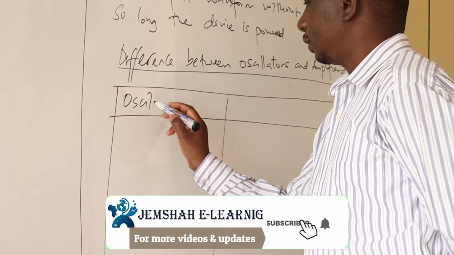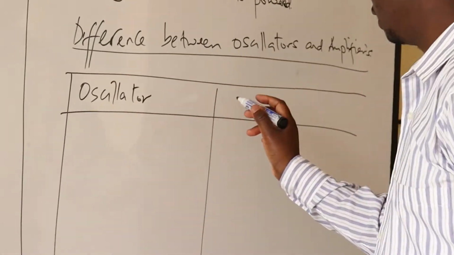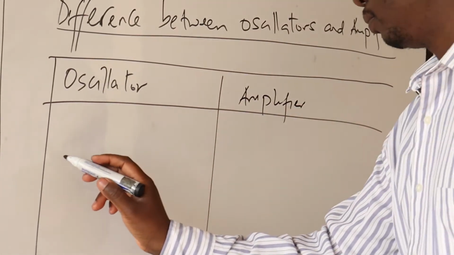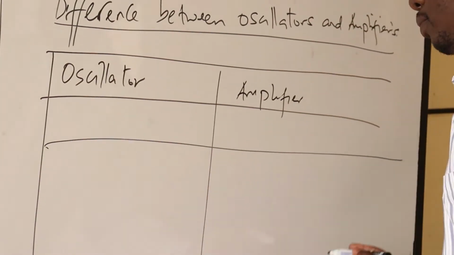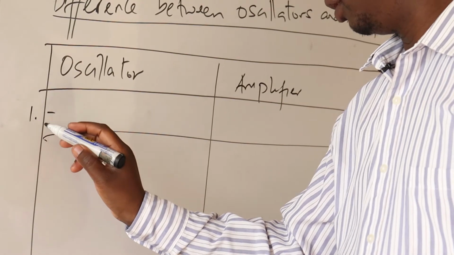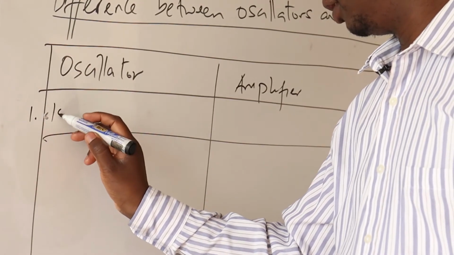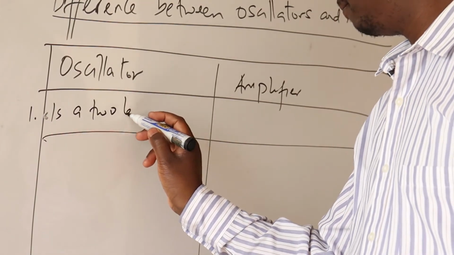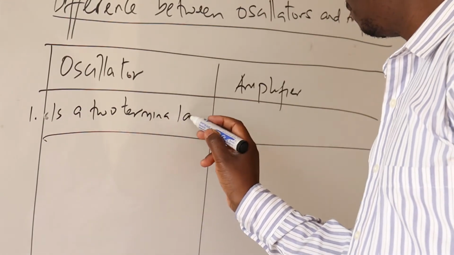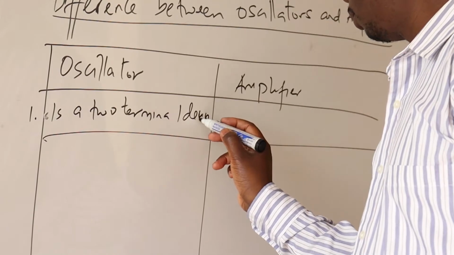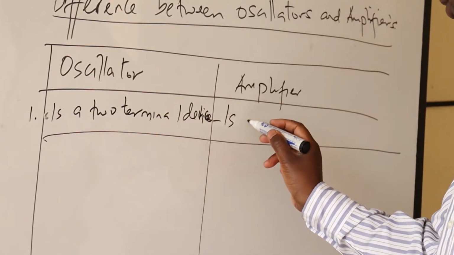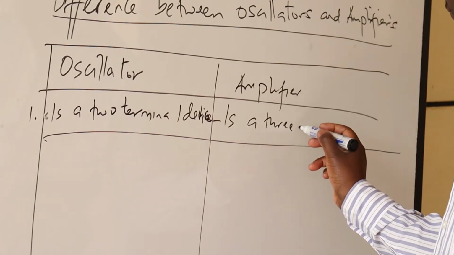This is an oscillator, and this is an amplifier. The first difference is that an oscillator is a two-terminal device, while an amplifier is a three-terminal device.